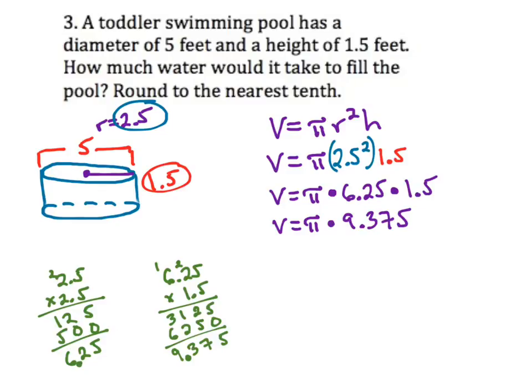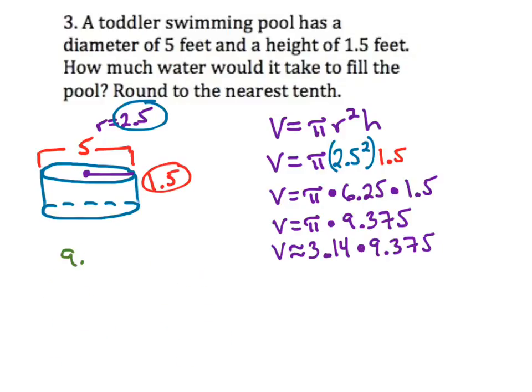But how does it want our answer to be? It wants it rounded to the nearest tenth. So that means we're going to plug in 3.14 for pi. So volume is about 9.375 times 3.14. Notice how I changed from equals to about when I went from the symbol for pi to a rounded number. Okay, so let's multiply that out.